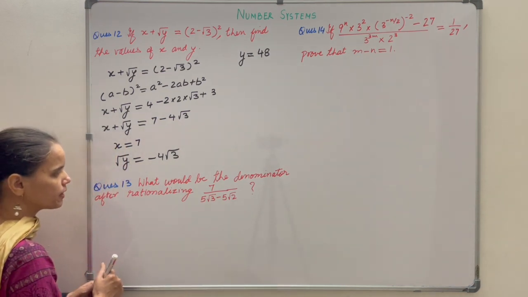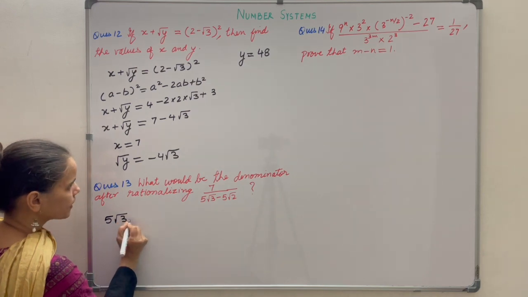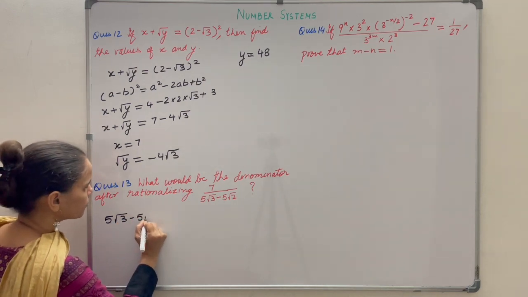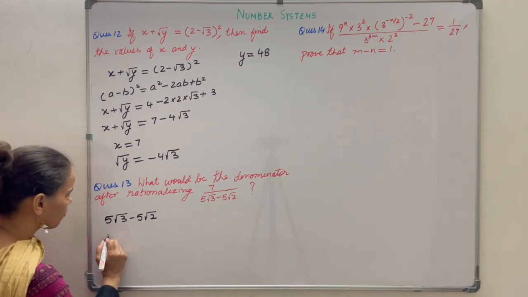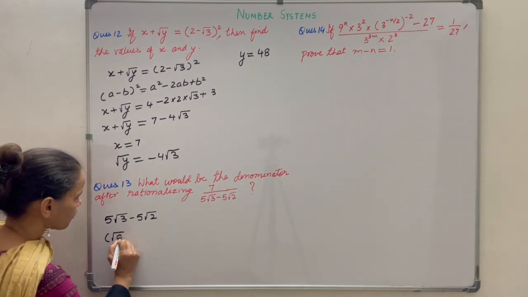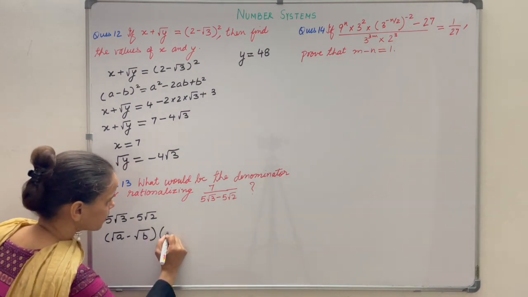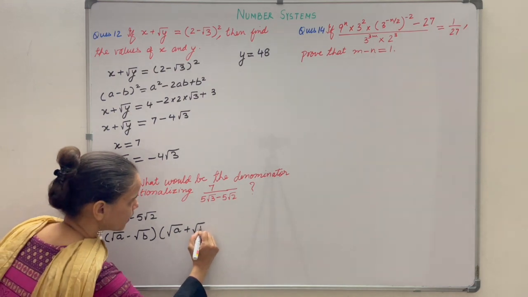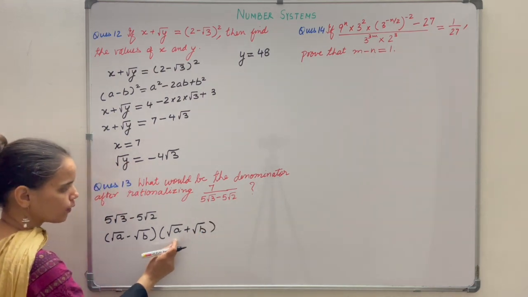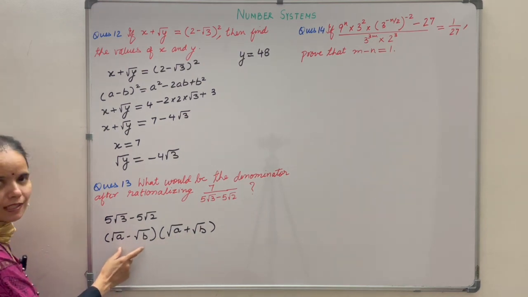In the denominator we have 5 root 3 minus 5 root 2. To rationalize this, I will use this formula: square root of a minus square root of b. I am going to multiply this with square root of a plus square root of b. This square root of a plus square root of b is the conjugate of this number.